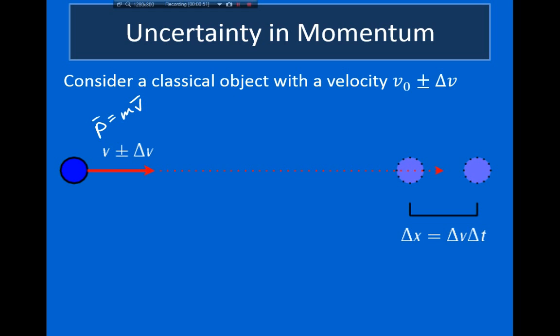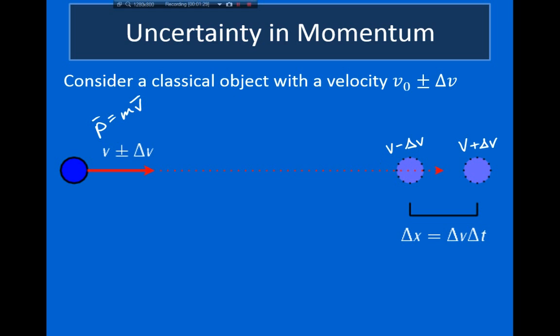Now, if I try to calculate the position of this ball at some later time, delta t, then this uncertainty in its velocity, this delta v, will manifest itself as an uncertainty in the position of the ball after some time delta t. So for example, if the ball is traveling on the faster end of my estimate, say it's moving at a speed of v plus delta v, then the ball will move further. If the ball is traveling on the slower end, say of v minus delta v, then the ball will move a shorter distance.